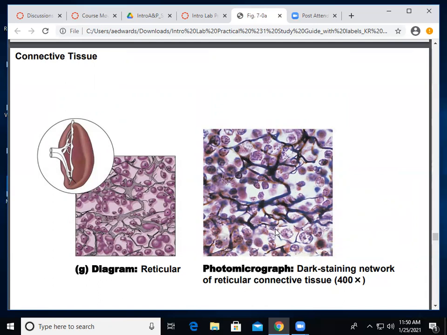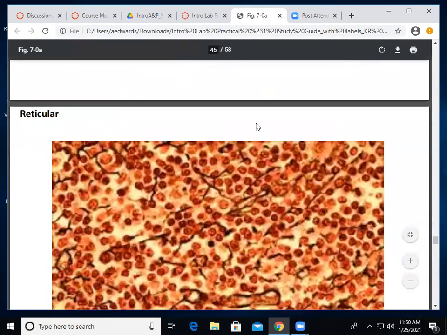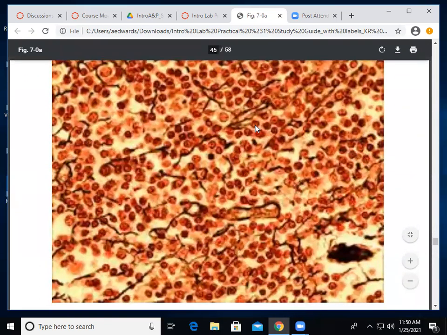These are what we call reticular fibers. If you see the black lines, it's reticular. All right. Here, can y'all see the black lines on this one? Because it depends on how they stain it, but you should still be able to see the dark lines.